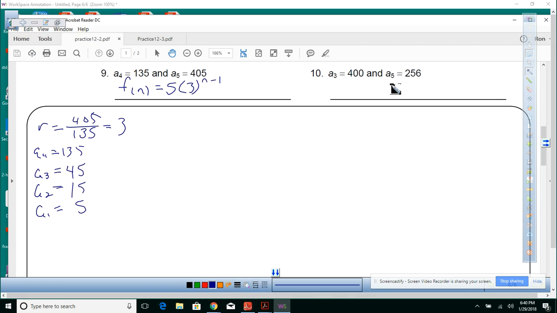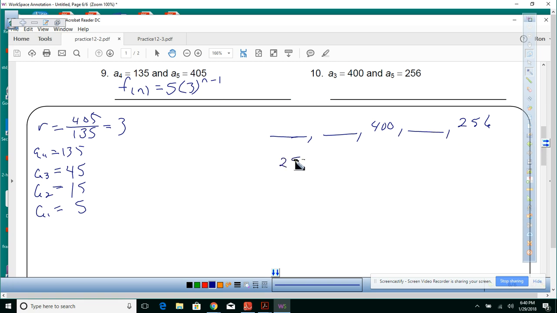Okay. So let's take a look at 10. So we got a sub 1, a sub 2, a sub 3 is 400. A sub 4, and then a sub 5 is 256. Wow. How are we supposed to find out what's going on here? So what is happening here?